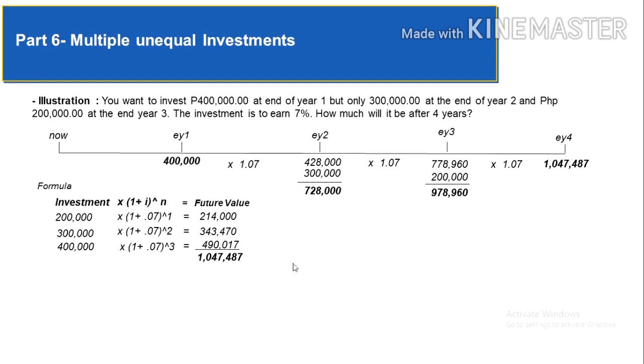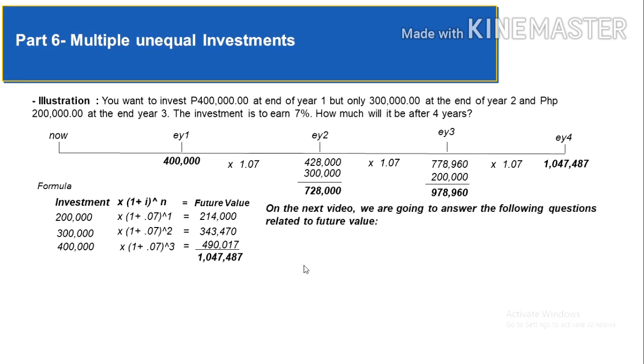So we have already answered one particular question in this video, and that is how much will be the future value of the investment where the rate and the amount of investment were given. In the next video, we are going to answer two questions. The first question is, if one wanted a specific value in the future and the rate of return is given, how much should one invest?